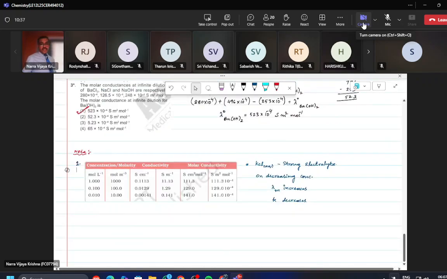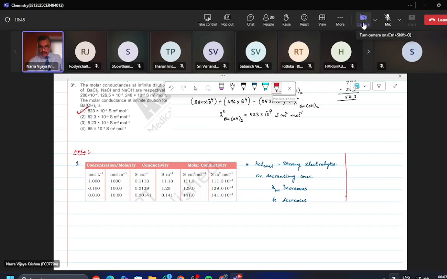Clear? Next one. So how will the graph be? If you plot a graph, that graph also we have discussed. In case of strong electrolyte, how will the graph be?